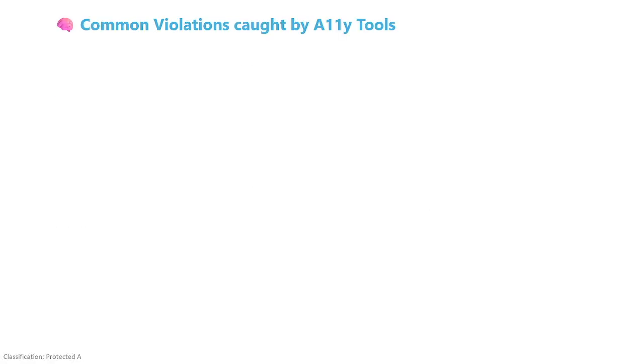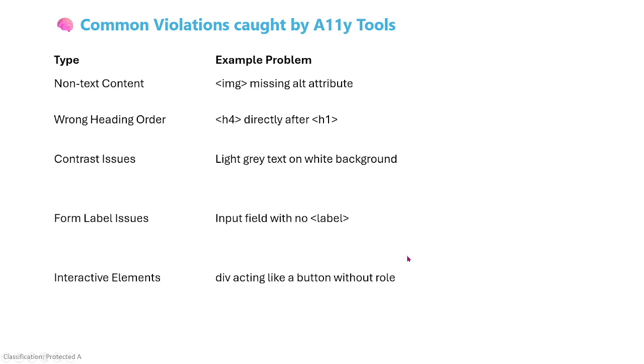Common violations reported by A11Y tools. Here is a table with examples. First is no text content, generally for the img tag, missing alt attribute. Heading order, H4 directly after H1.